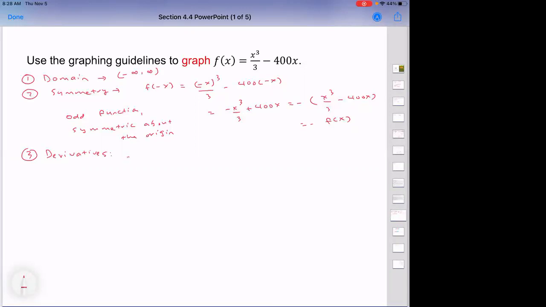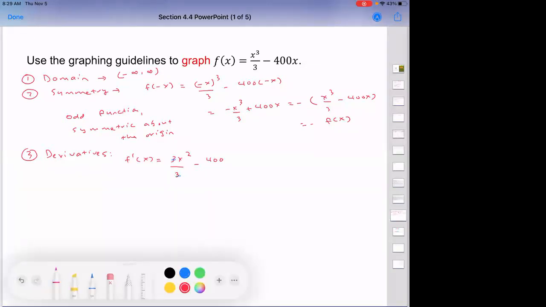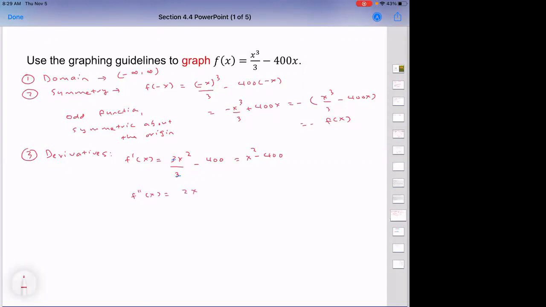So f prime of x is 3x squared divided by 3, minus, what's the derivative of 400x? 400, right? The 3 cancels out. So we have x squared minus 400. What about the second derivative? Just 2x. Correct?